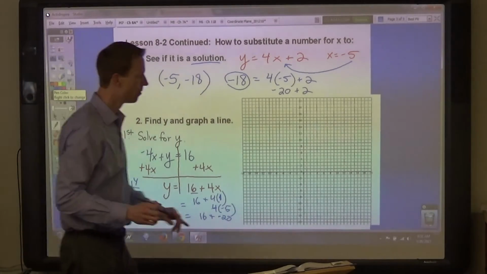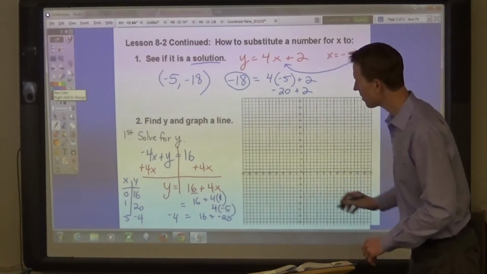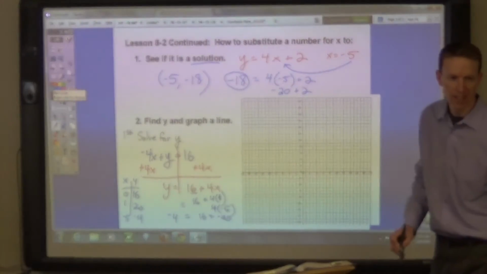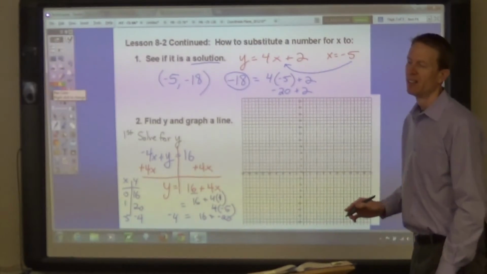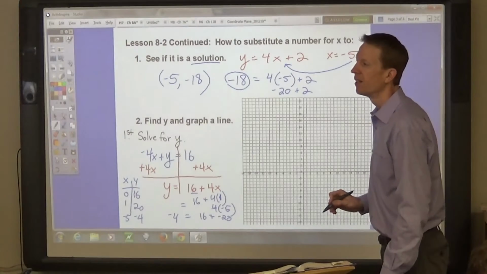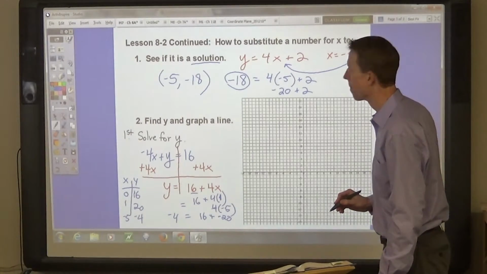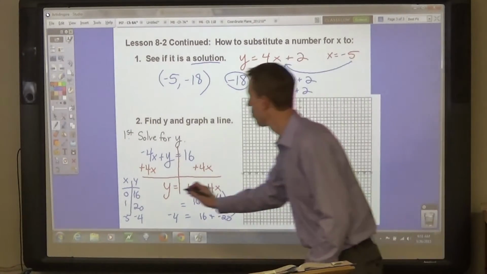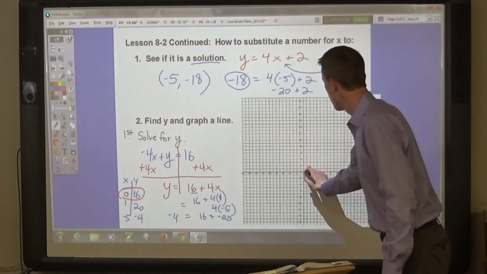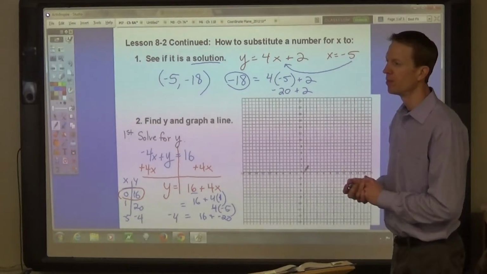Now let's go to our graph. Graph these points. Where is 0, 16? 0's in the middle, but how would we find that on the graph?